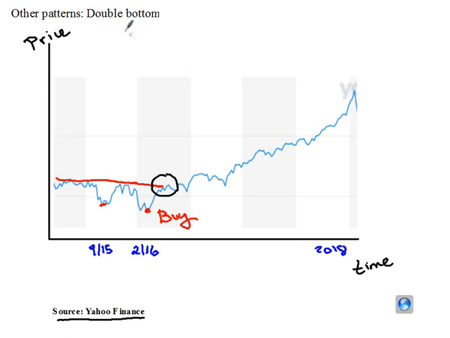This double bottom is just another type of pattern that these chartists will talk about. If you go online, you could just do a Google search and find a lot of these different types of patterns that these guys claim to have identified. I have two caveats to this. First of all, we have to remember that this is a theory of investing.